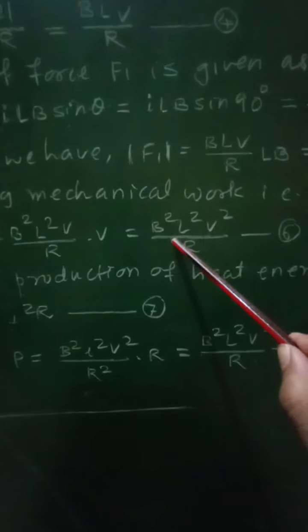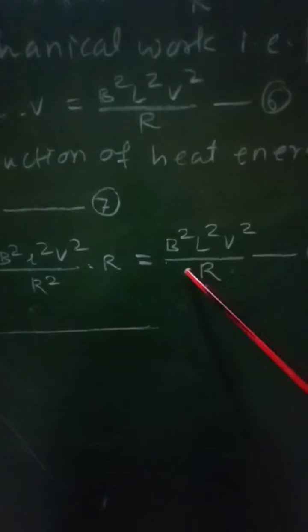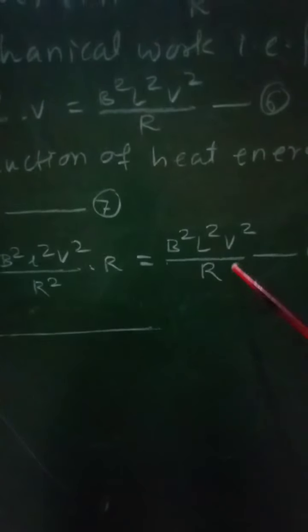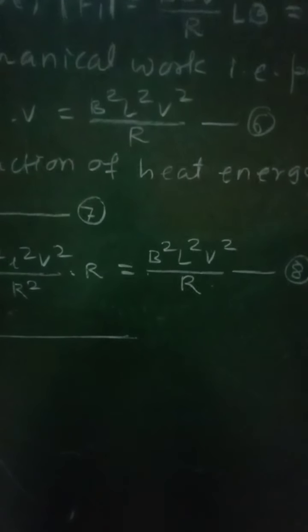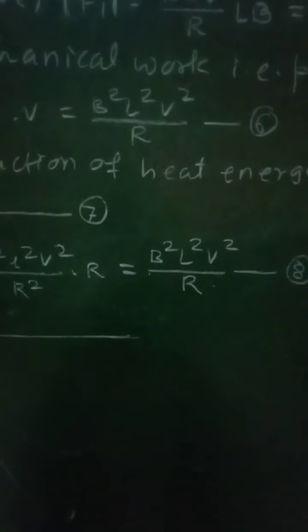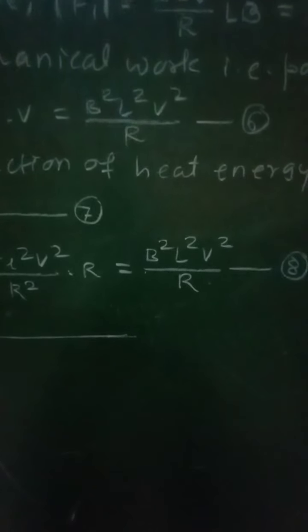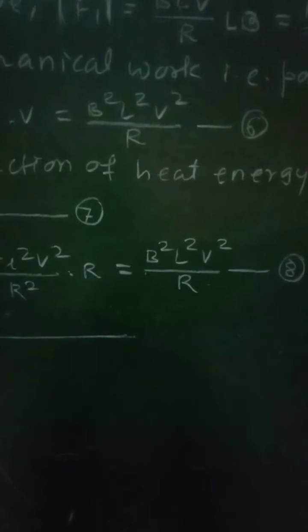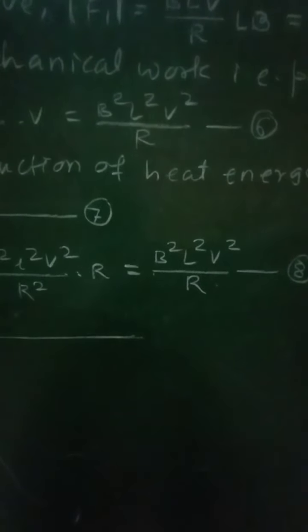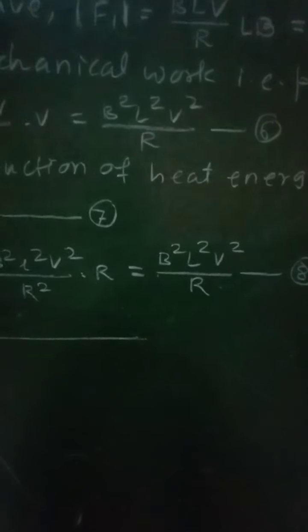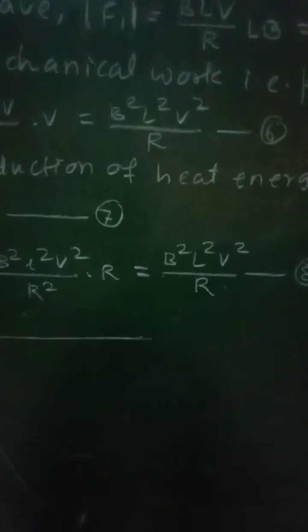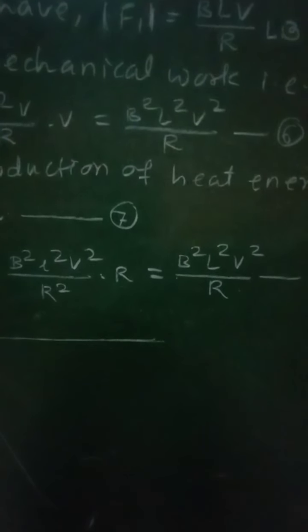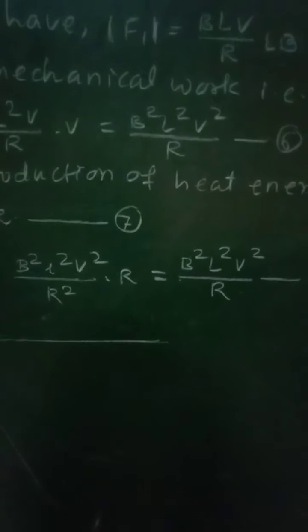Mechanical power is equal to B square L square v square upon R. Electrical power is B square L square v square upon R. So the right sides of these two equations are the same. The sixth equation gives mechanical power, and the eighth equation gives the electrical power, and therefore we can conclude that the work done in pulling the loop through the magnetic field will appear as the heat energy in the loop.